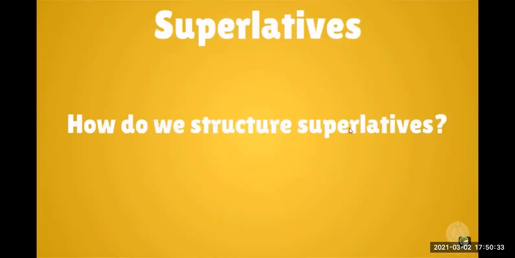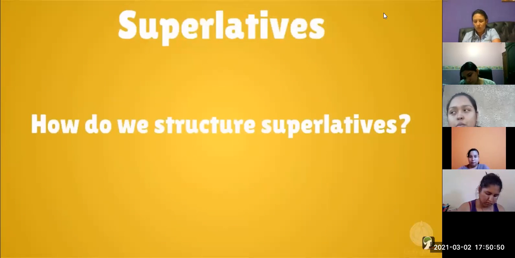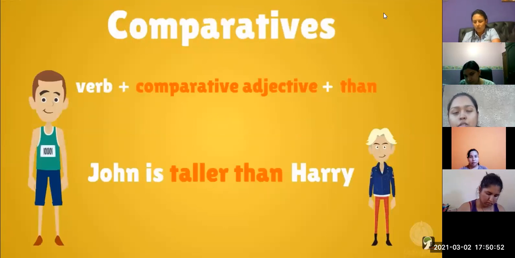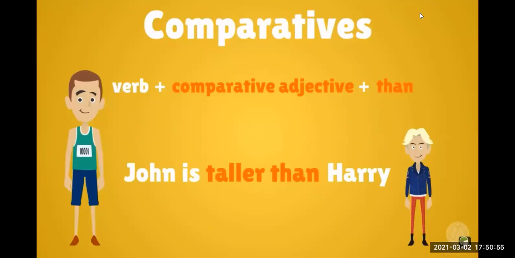Then how do we structure superlatives? What is the structure of the superlative? What is the difference between the comparative and the superlatives in the structure? What do you think? Because this is a comparative, right? What about the superlative? You put the noun, the verb, and the adjective with est, or if the adjective is large, you put most of the class.